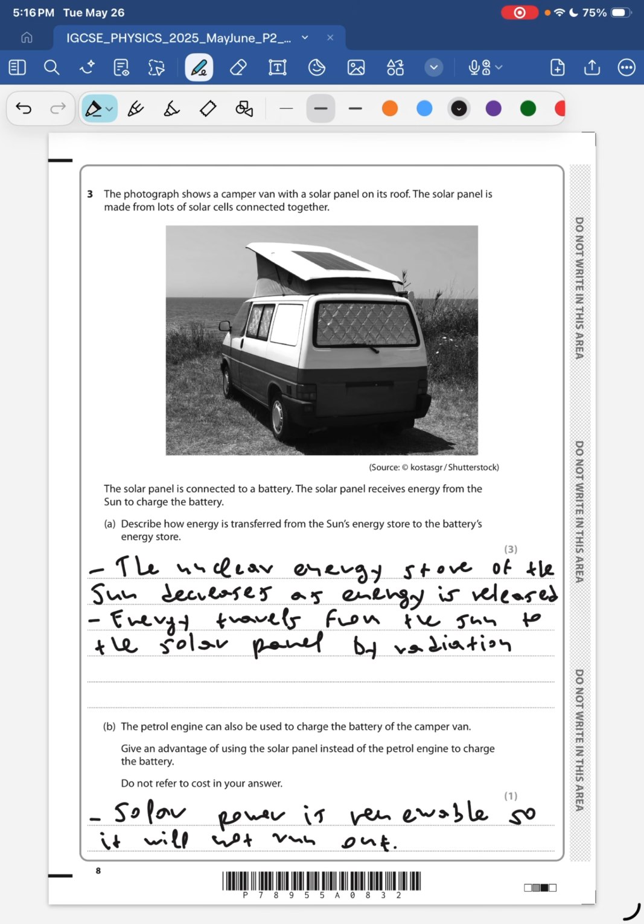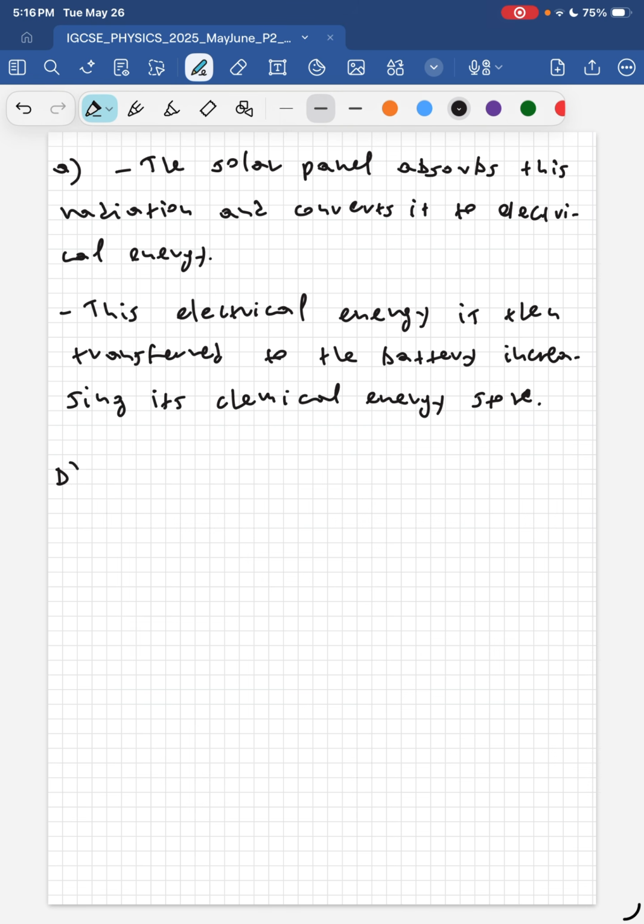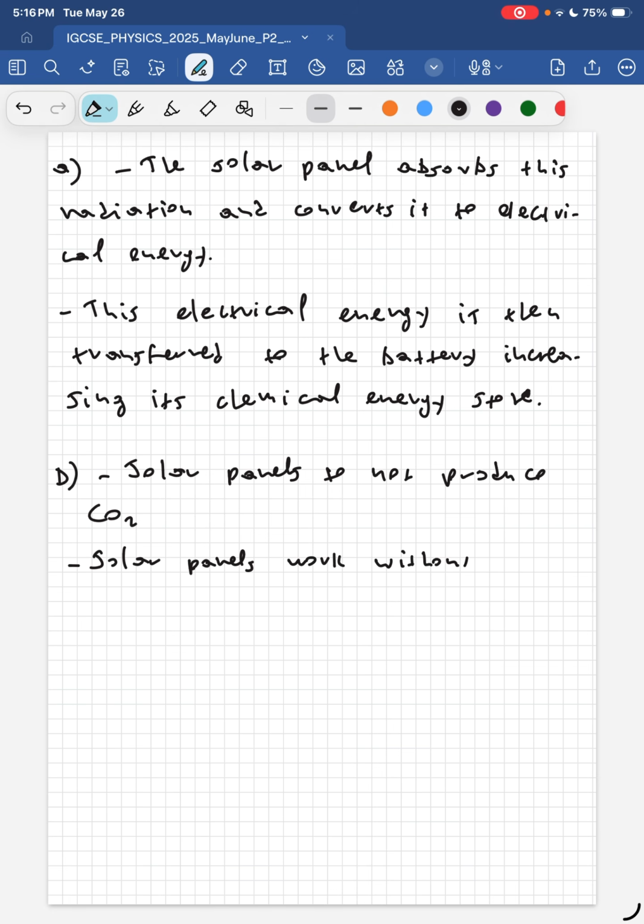Let me turn the page and write a few more things just in case. Another advantage is that solar panels do not produce carbon dioxide, CO2, and solar panels work without petrol. This is good enough.